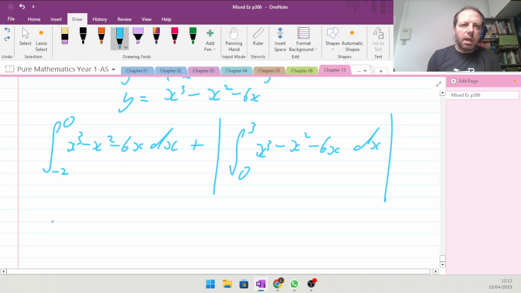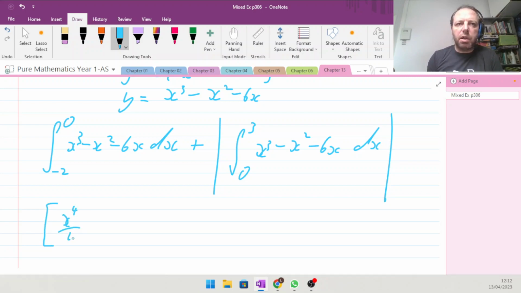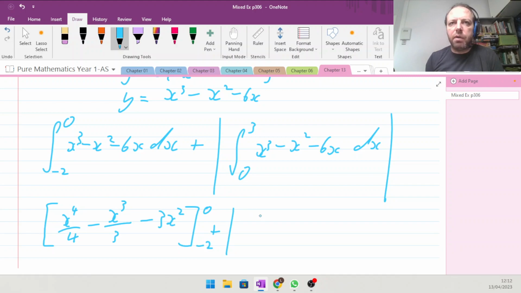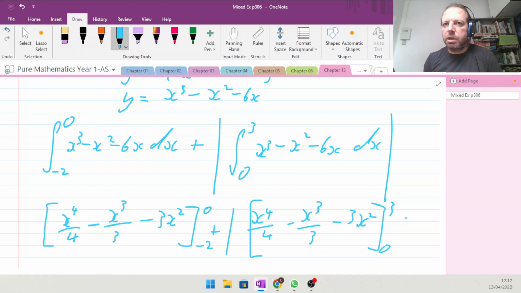So straight into the box, we're going to get x to the 4 divided by 4, minus x to the 3 divided by 3, minus 6x squared divided by 2, so that's 3x squared, from 0 to minus 2, plus the absolute of all of that again: x to the 4 over 4, minus x to the 3 over 3, minus 3x squared, from 0 to 3.